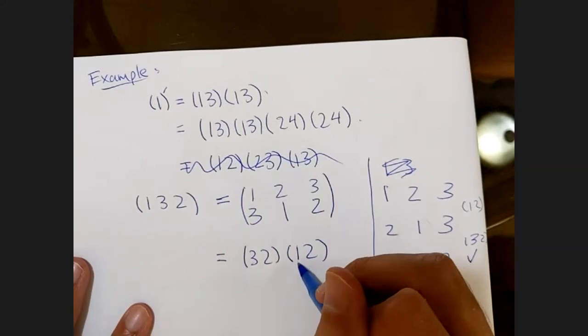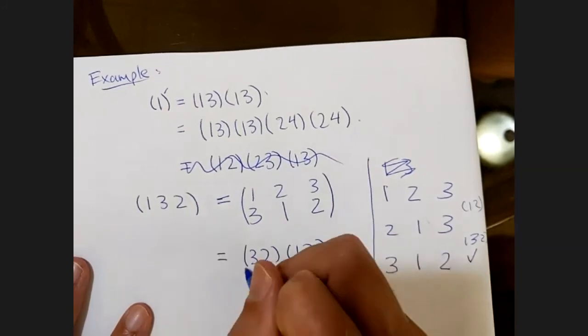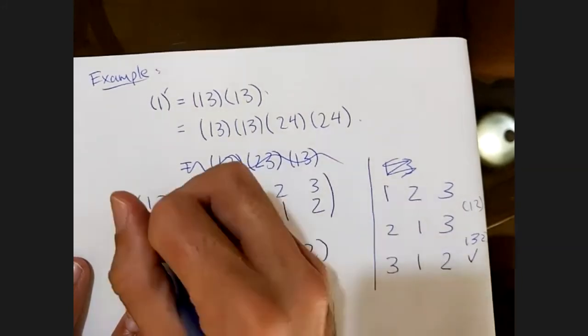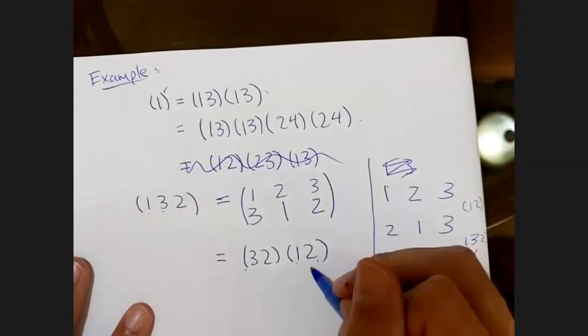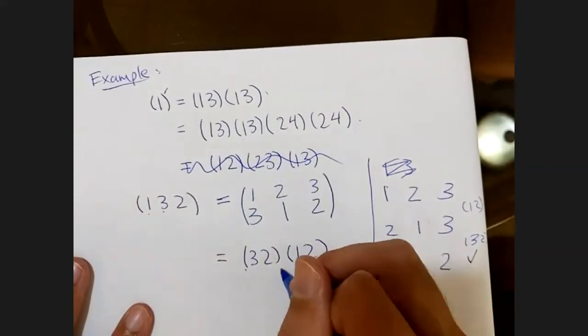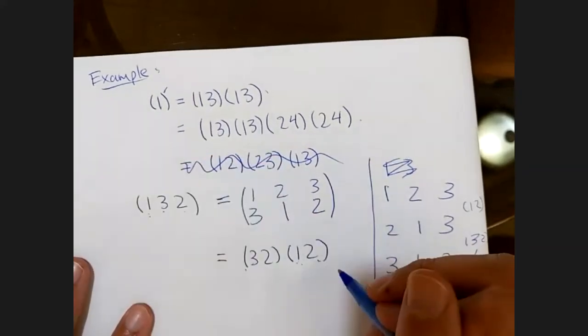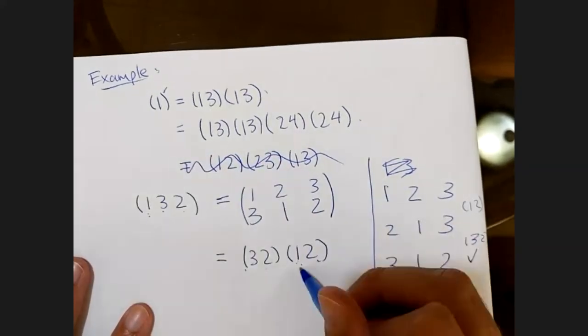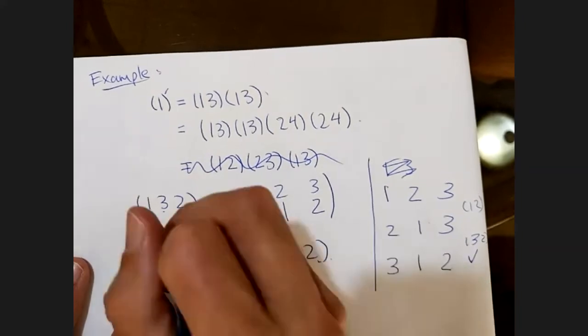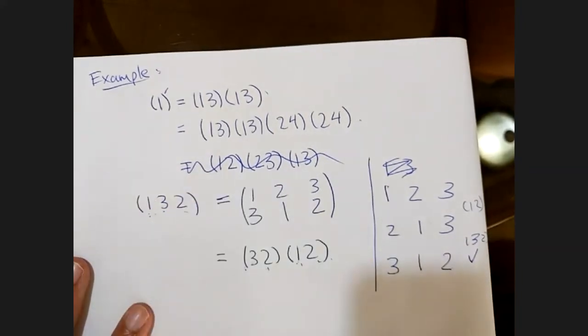First 1 goes to 2, 2 goes to 3, so 1 gets sent to 3. Then 2 gets sent to 1, and 1 is left alone, so 2 gets sent to 1. And what about 3? 3 gets left alone, and then 3 goes to 2. So it's the product of 2 transpositions.